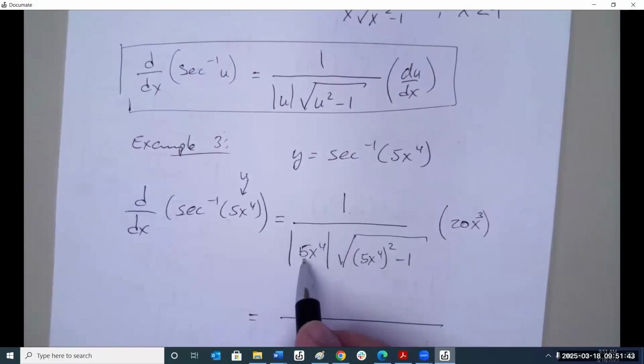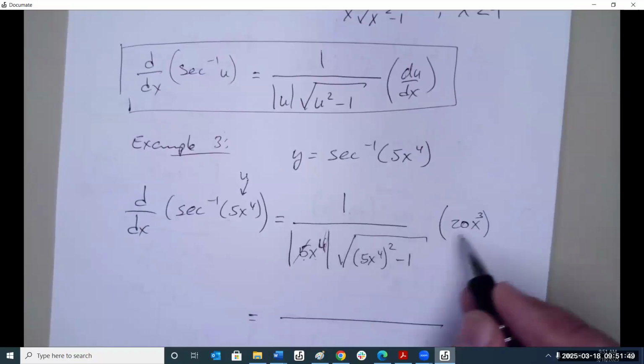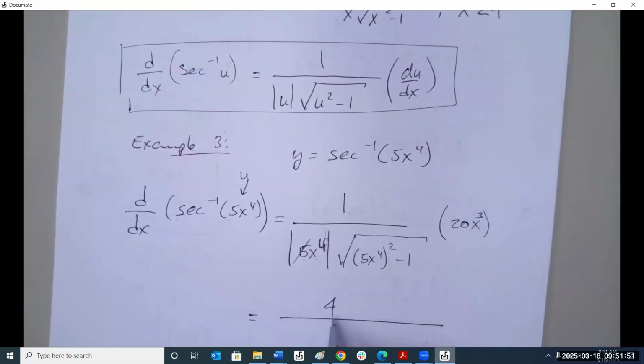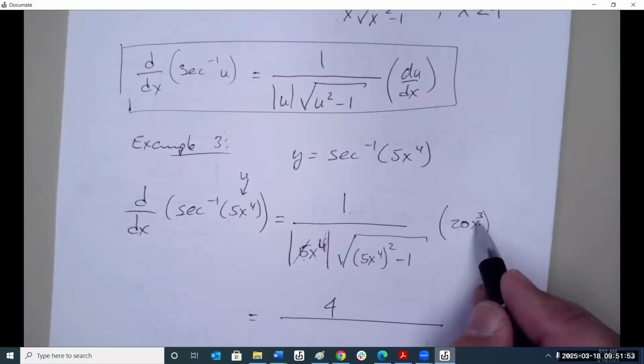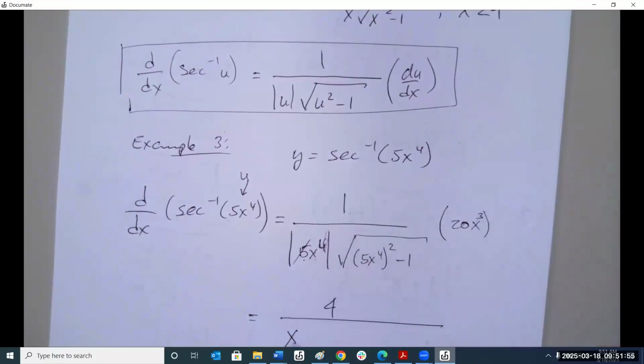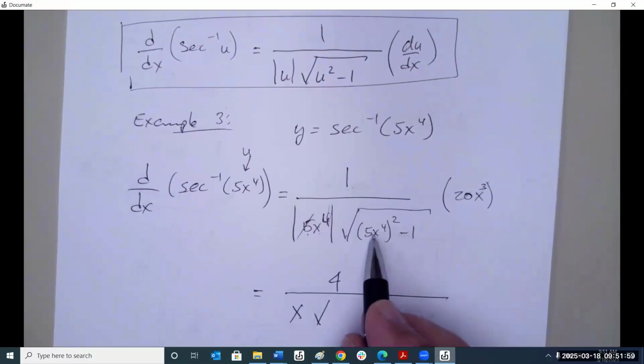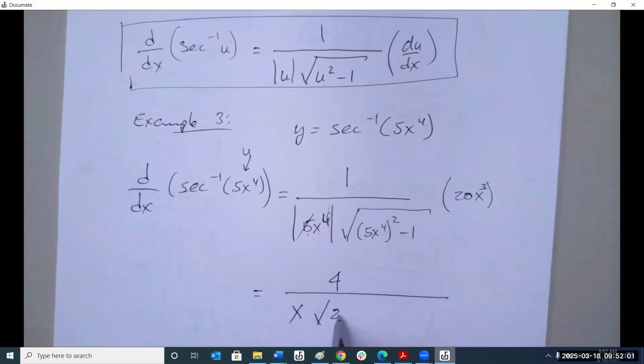Since 5 is positive and x to the fourth can never be negative, we don't need the absolute values. 5 goes into 20 four times. X cubed and x fourth cancel, leaving you with just x on the bottom. 25 x to the eighth minus 1. And there's your derivative.